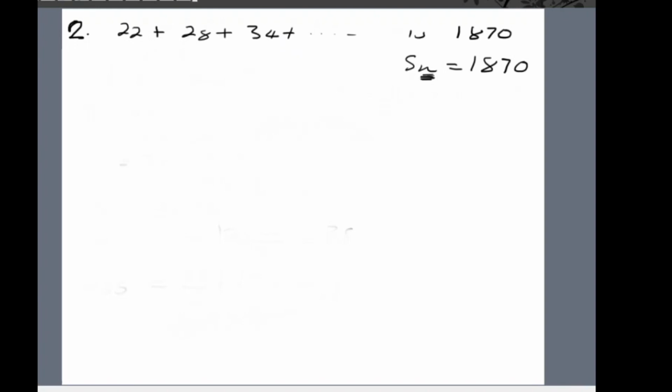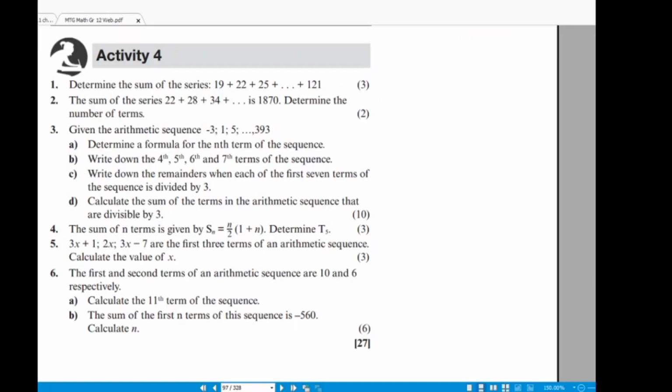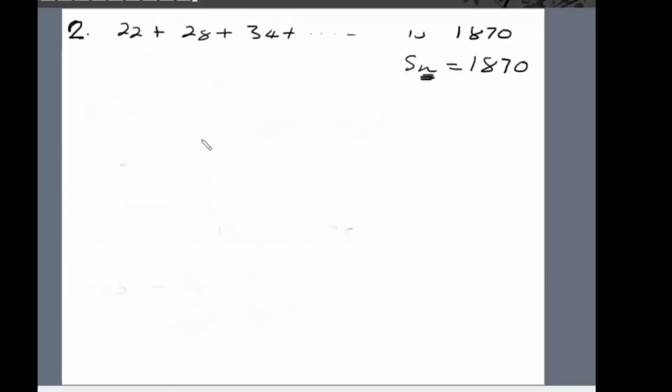To check, we must look for a common difference, right? To move from 22 to 28, what happened? They added 6.